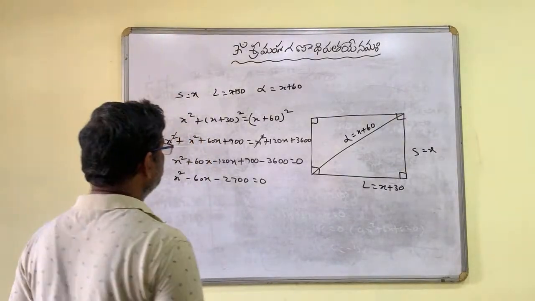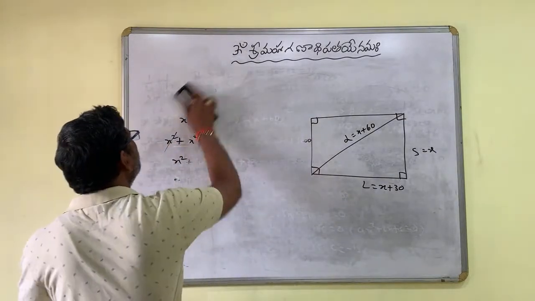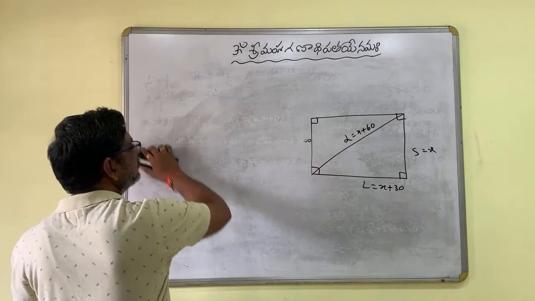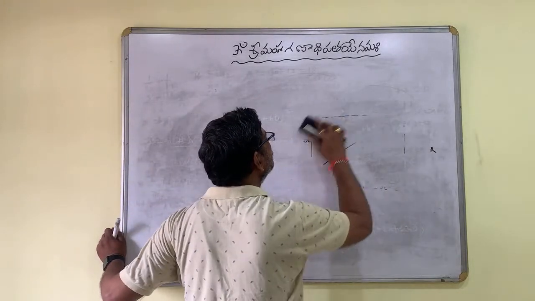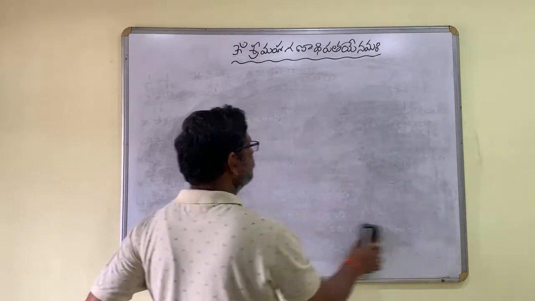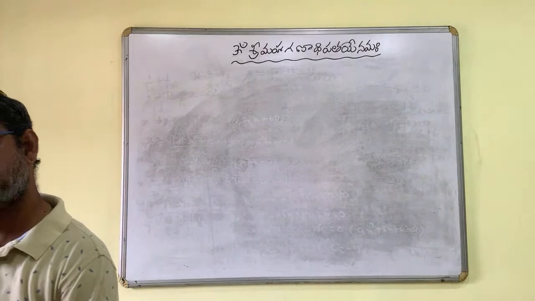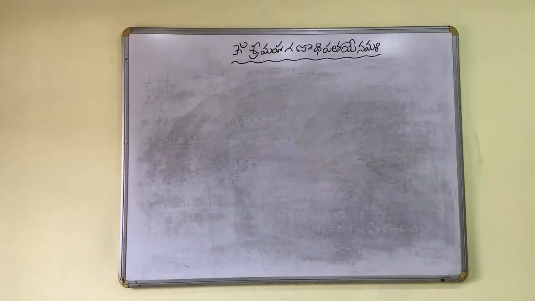Okay, next. Next question. The difference of squares of two numbers is 180.